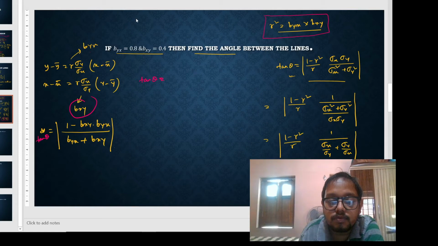So now if we simplify, how can we find the angle? We just put the values of bxy and byx: that is 1 minus 0.8 into 0.4, divided by 0.8 plus 0.4.